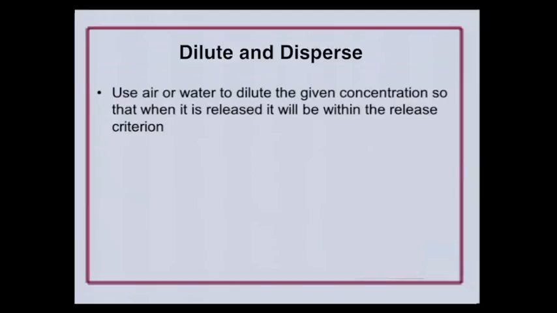As far as dilute and disperse, you use air or water to dilute some concentration so that when it is released, it is within the release criteria. If I've got a volume of liquid rad waste to dispose of, and I've got a stream of clean liquid, say my circ water system, that's the water that's used to condense the steam.